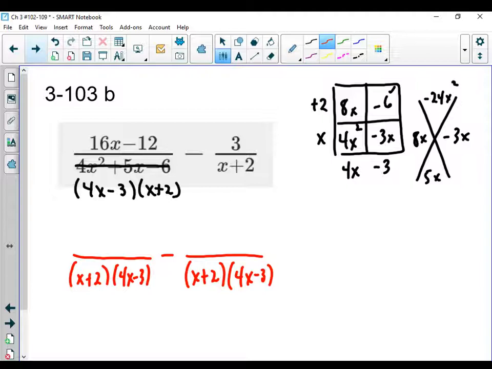But before we make our adjustments, something else that you might have noticed was that we had 16x minus 12, which I could pull a 4 out of. And if I do that, I'd have 4x minus 3. Well, if I have 4x minus 3 there, this actually is going to make my problem a little bit easier because the 4x minus 3s are going to simplify down to a 1. Which means when I find this common denominator, I don't even need that 4x minus 3.